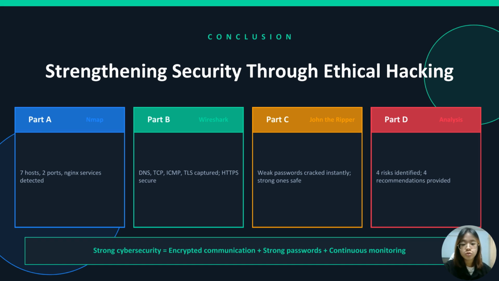The results show that effective cybersecurity requires multiple layers of protection, including strong passwords, encryption, secure service configuration, firewalls, and continuous monitoring. By implementing these security measures, organizations can reduce the risk of unauthorized access, data breaches, and cyber attacks.